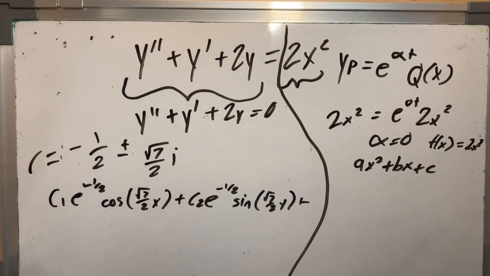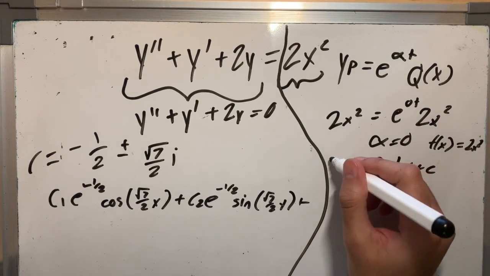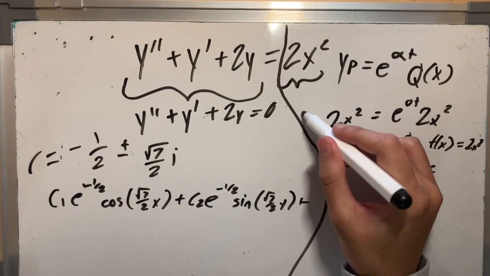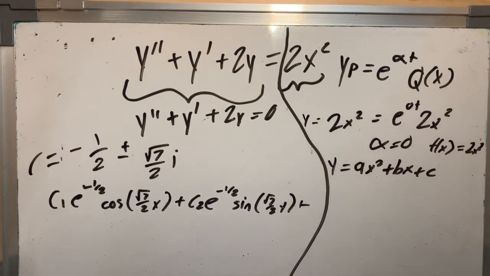So once we find our polynomial of degree 2, we have to put it into our characteristic equation after we've found each derivative. So we know that this is equal to y. It's just a characteristic equation.